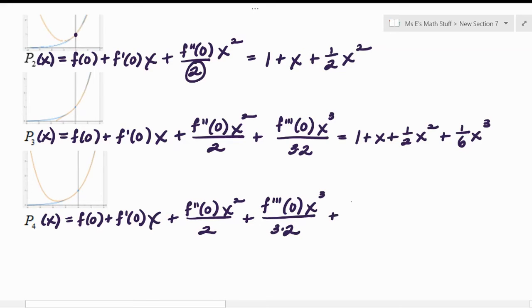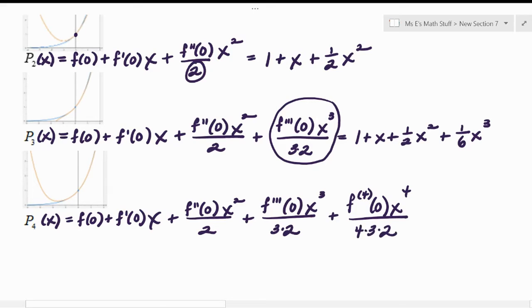So what would that fourth degree term be? Remember, when you go past the third derivative, you would put the number of derivatives that you want in parentheses. So we would evaluate this, multiply it by x to the fourth, and what would need to go in the denominator for this one? So if you think about the antiderivative on that last term of the third degree one, you would end up with 4 times 3 times 2 on the bottom there, or 24.